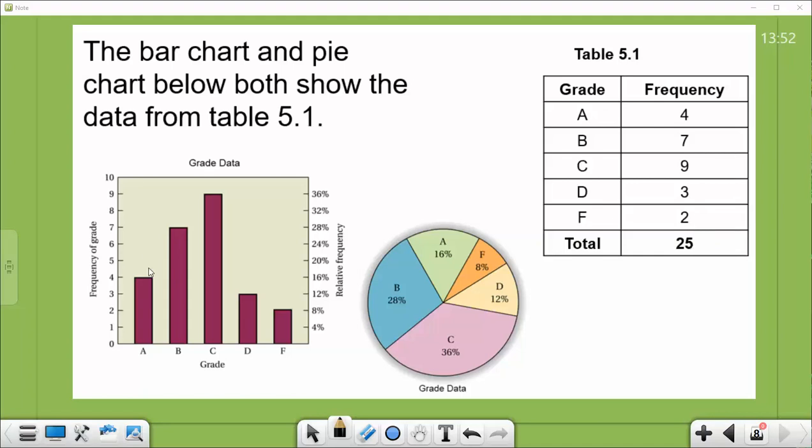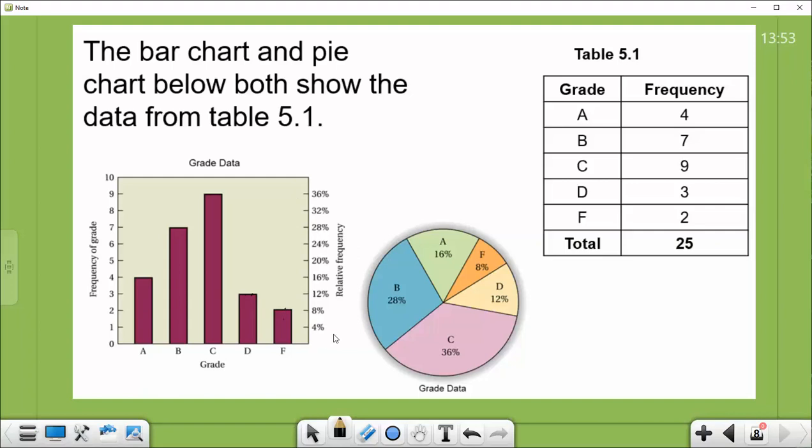On the left side here is the actual frequency, and on this side, it's written as the relative frequency as percentages.